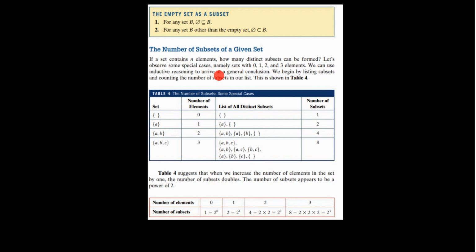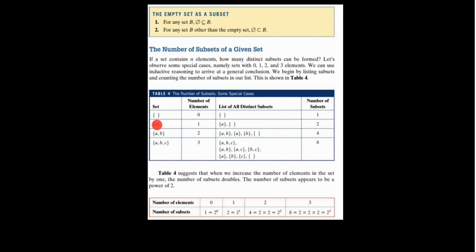We begin by listing subsets and counting the number of subsets in our list. Okay, so the empty set has no elements, 0 elements. This is what it looks like. It's just plain old empty. There's nothing there. And it has one subset, which is the empty set. It's equal to itself.